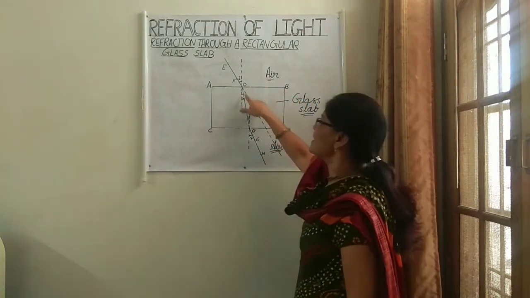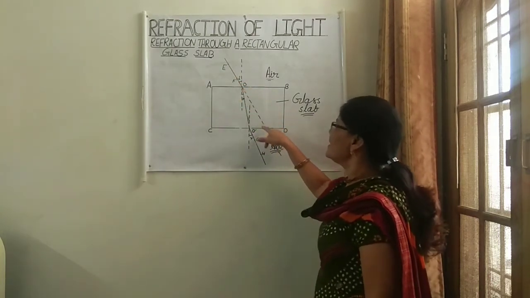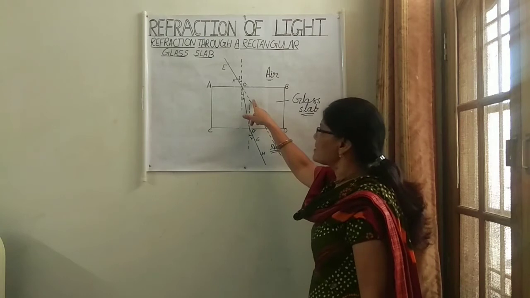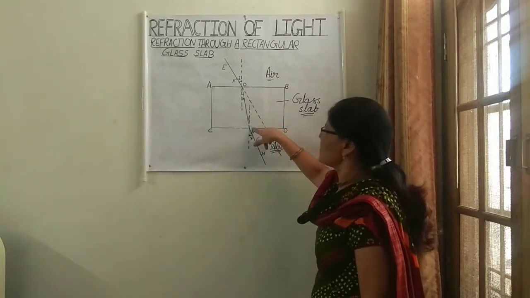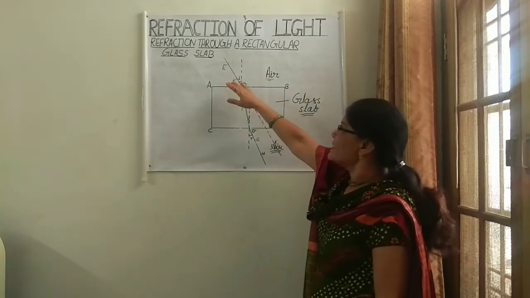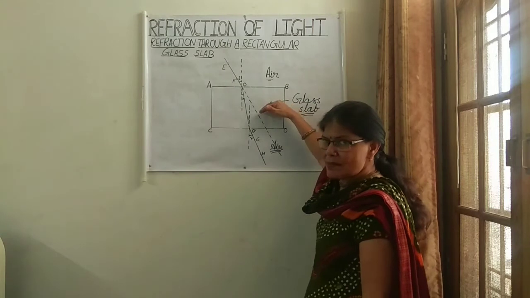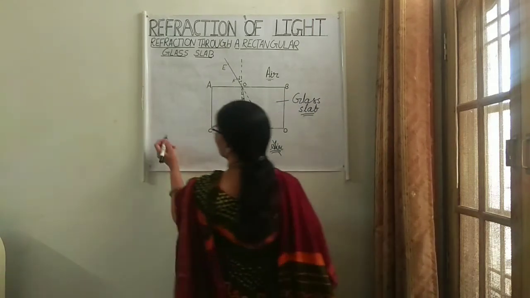But the incident ray has changed its direction of propagation. Instead of following this path, it has become this way. So when the light ray changes from one medium to another medium, it changes its direction of propagation.